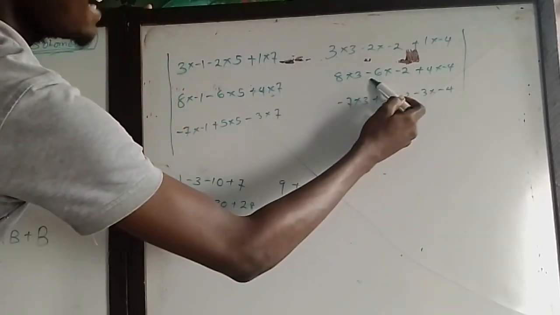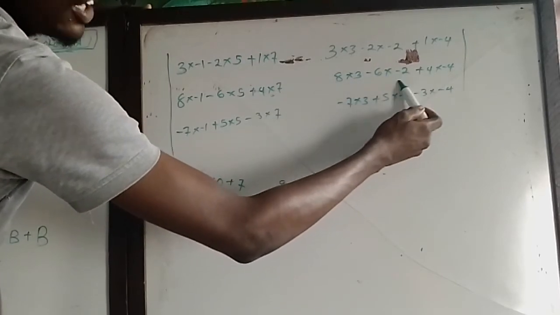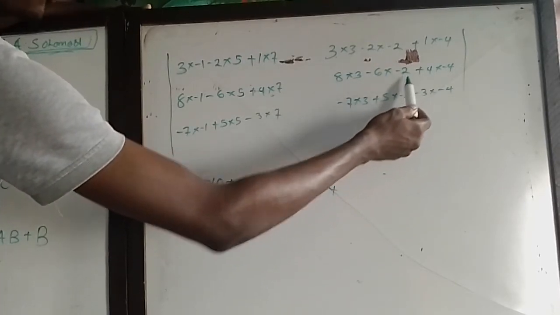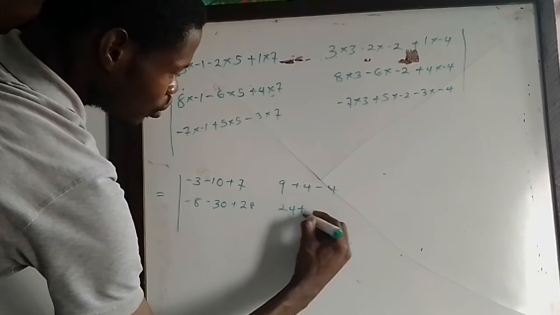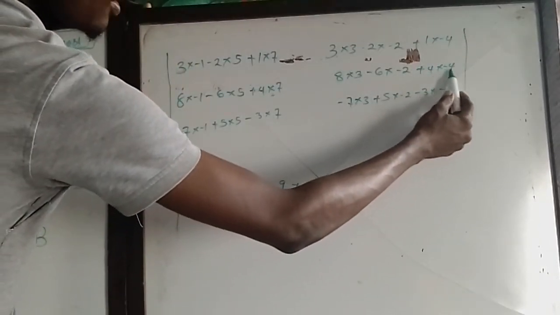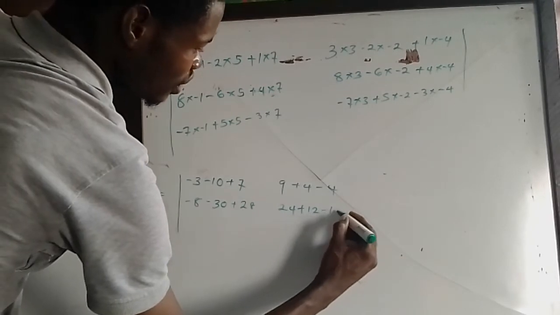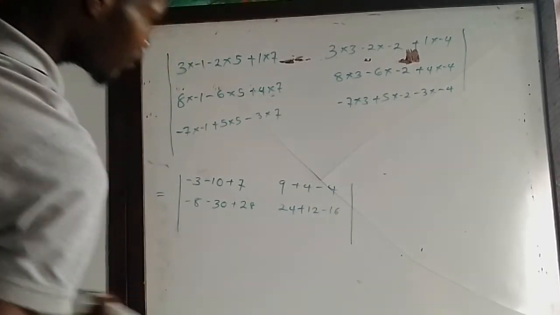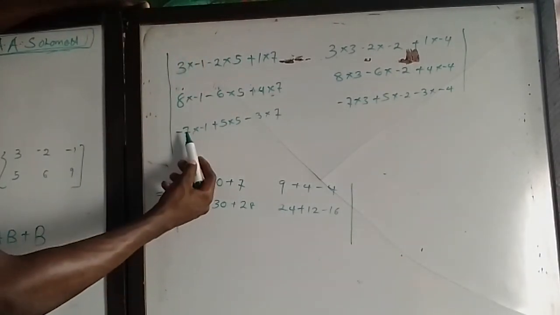Then minus 6 times minus 2 will give us plus 12. Then minus 4 times minus 4 will give us plus 16. We continue to the third step.